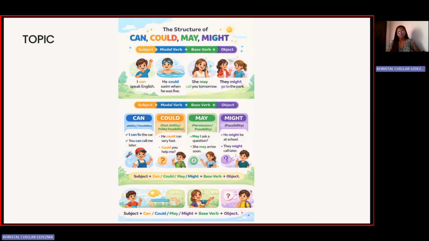The next one, they, the subject, might, the modal verb, go, that's the base verb, to the park, that is the object. The rest of the sentence.